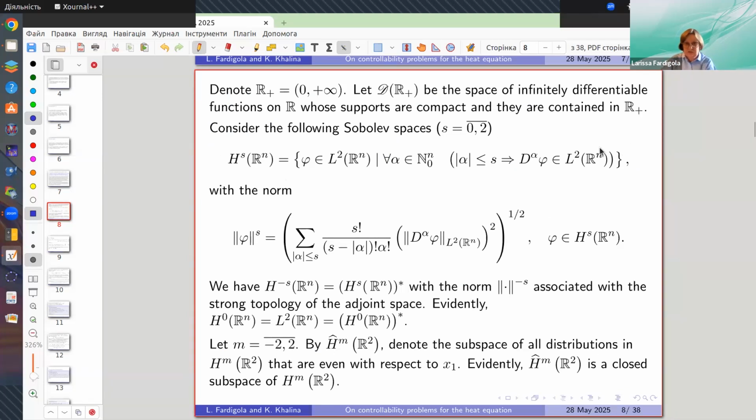Here is the standard Sobolev space and the standard norm for it, and for the spaces with negative indices, we consider the adjoint space with a strong norm.